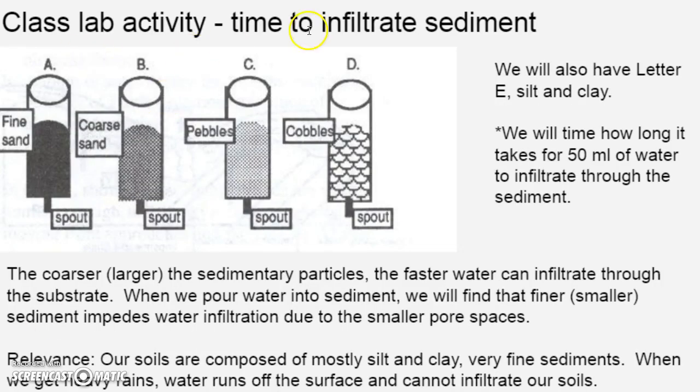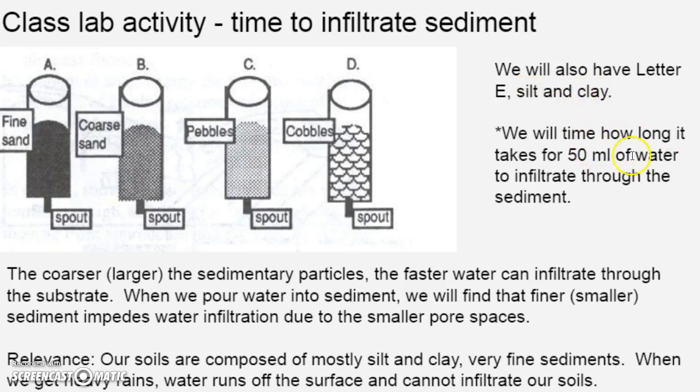In a class lab activity that we've either done or will do, we're going to time how long it takes for water to infiltrate or pass through. We'll look at large or coarse sediment and a little bit finer sediment. This is just coarse sand, larger sand grains, then fine sand grains, and we'll be adding a letter E to this, silt and clay.